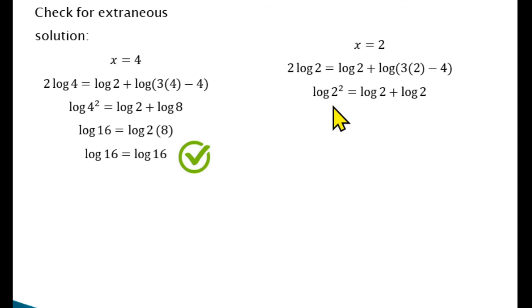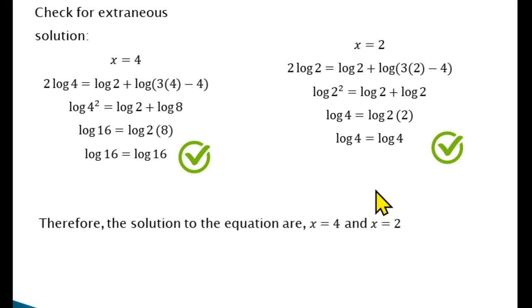So we have the logarithm of 2 squared equals the logarithm of 2 plus the logarithm of 2. The logarithm of 2 squared is equal to the logarithm of 4. Since this is addition, we apply multiplication from our first law, so we get the logarithm of 2 times 2. So we have the logarithm of 4 equals the logarithm of 4. Again, our logarithmic equation has been satisfied by x equals 2.